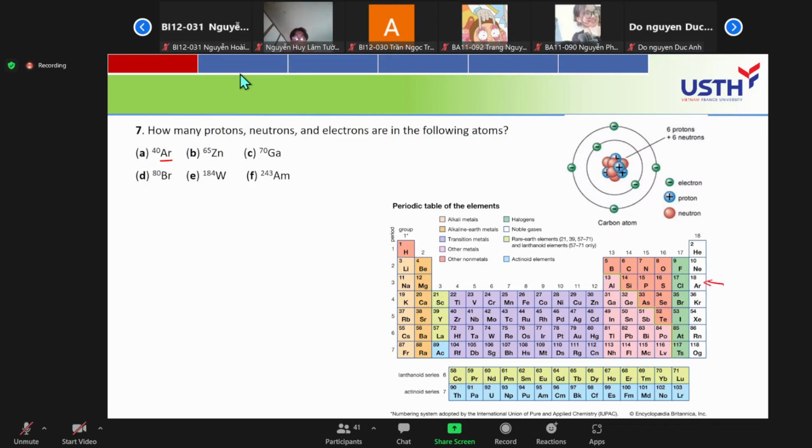The values on the periodic table will give you the numbers of protons and electrons. The number of electrons is equal to the number of protons and equal to the atomic number. Argon will have 15 in atomic number. Chlorine will have 17 in atomic number.